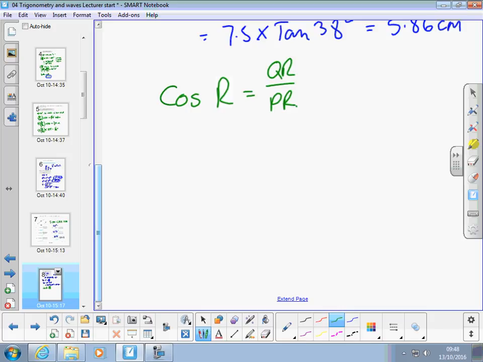What do I need to do to rearrange that so it's in terms of PR? PR equals QR on R. Tell me step by step how you got to that, Paul. Do it one step at a time. How do I get PR over to the left-hand side?